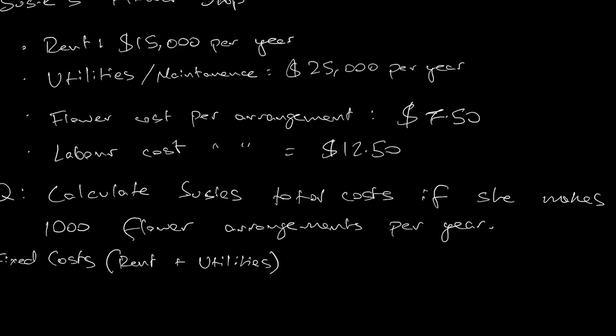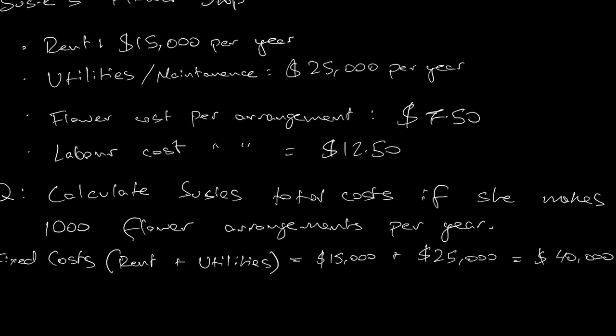And in order to determine the value of her fixed costs, we need to add the rent and utilities, which is $15,000 plus $25,000, which gives us a total fixed cost of $40,000 per year.